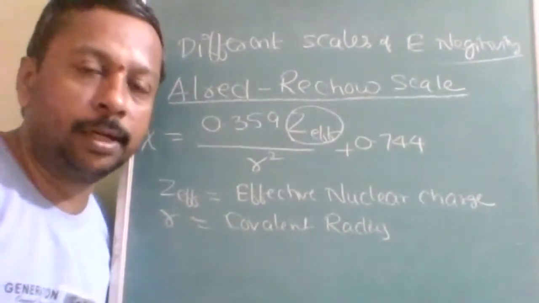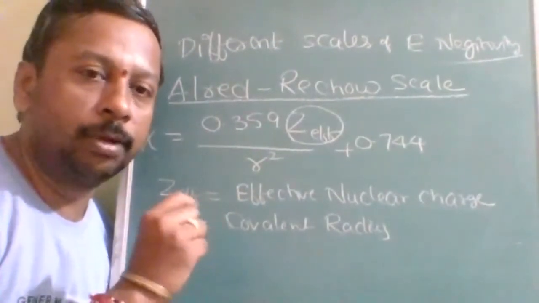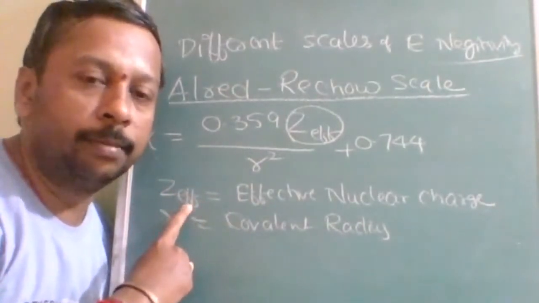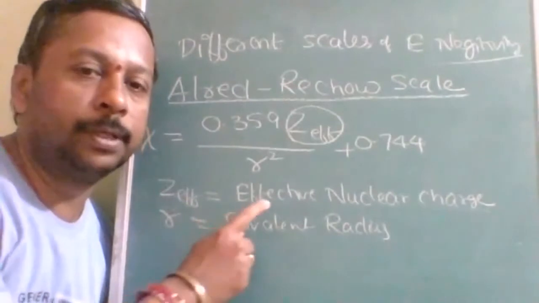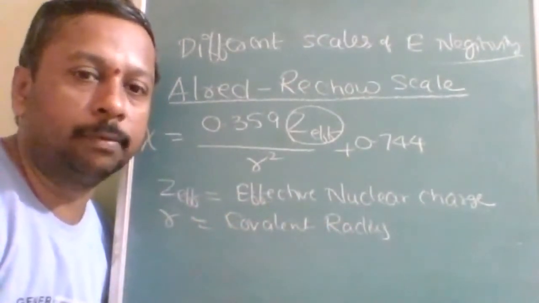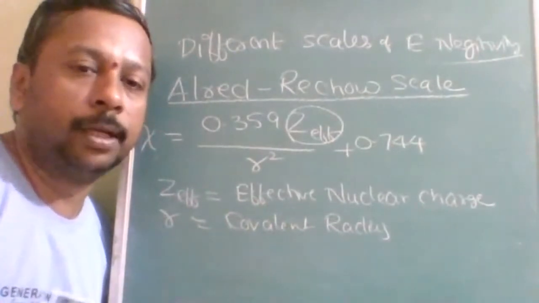That is different. So to avoid confusion, better remember it as the effective nuclear charge, Z effective. And r is the covalent radius.